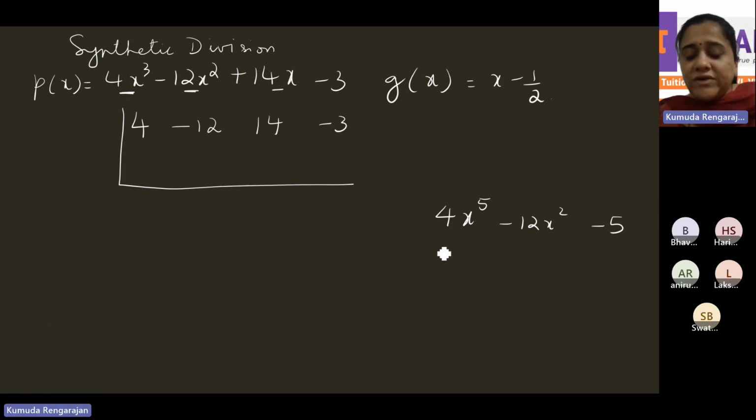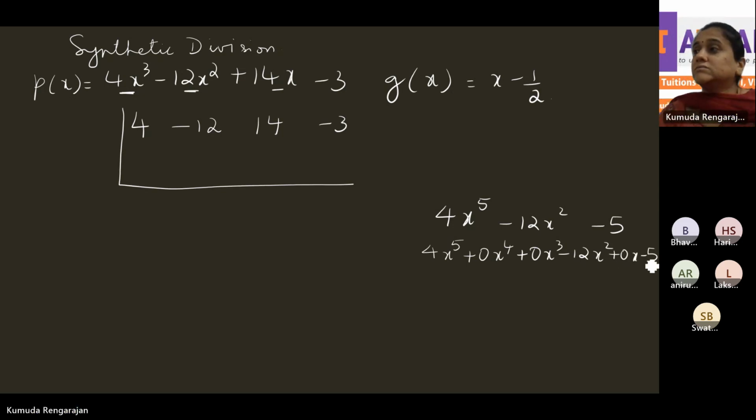To use synthetic division, this dividend should be written like this: 4x to the power 5 plus 0x to the power 4 plus 0x cubed minus 12x squared plus 0x minus 5. All the missing variables must be mentioned like this.